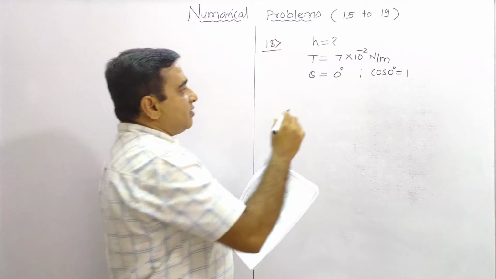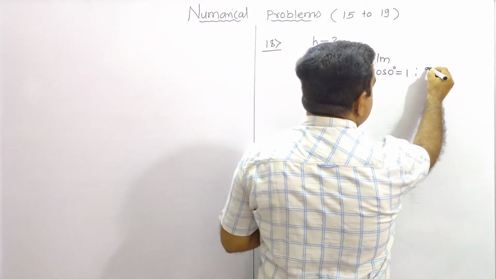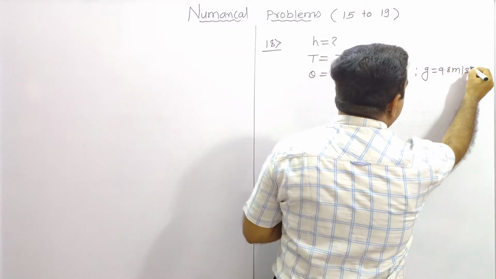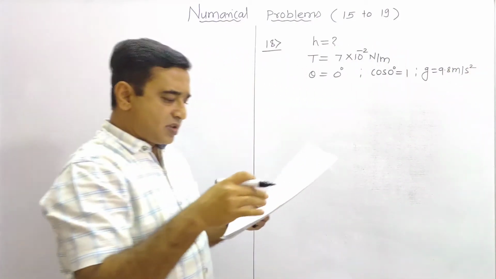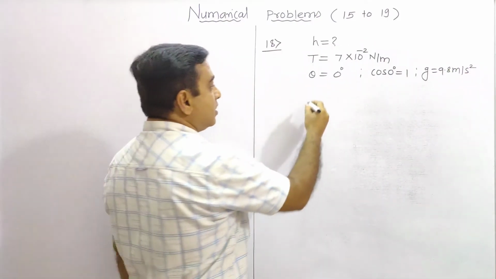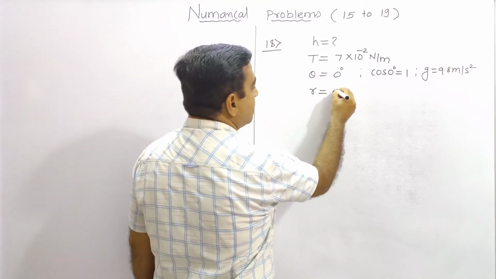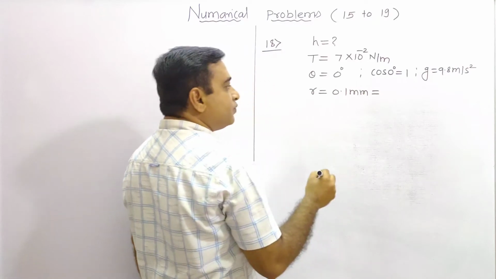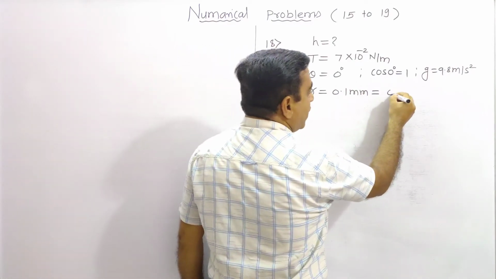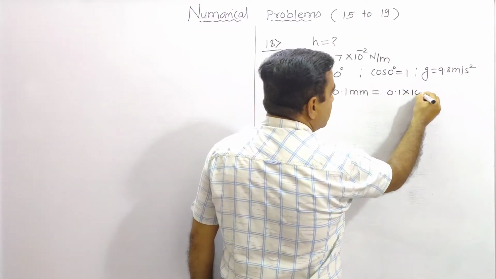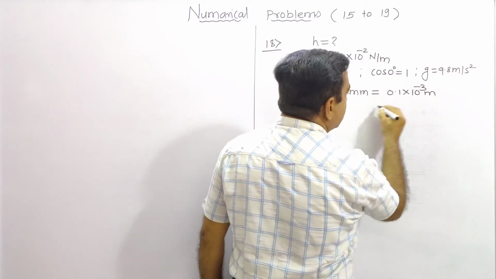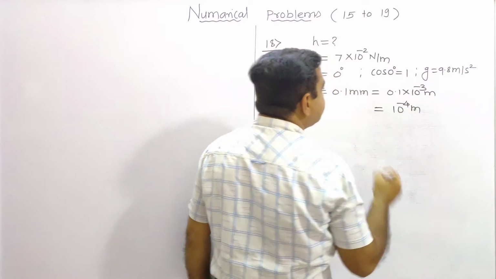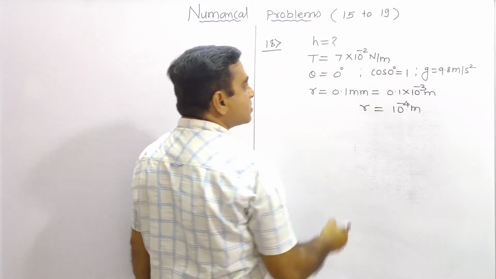And what about g? g is equal to 9.8 meter per second square. What are the next factors which are given? Yes, radius. Radius is equal to 0.1 millimeter, a very thin bore. So it is 0.1 into 10 raised to power minus 3 meter, that means 10 raised to power minus 4 meter. This is your radius.